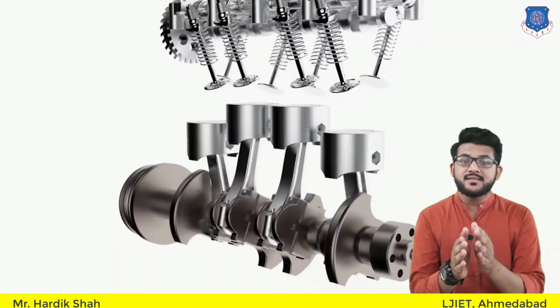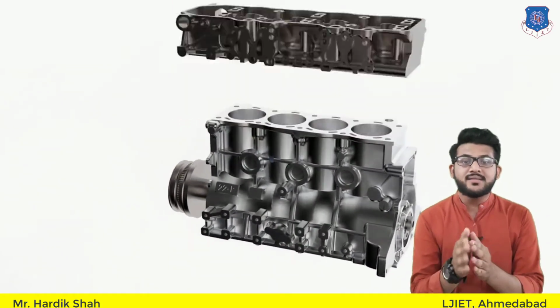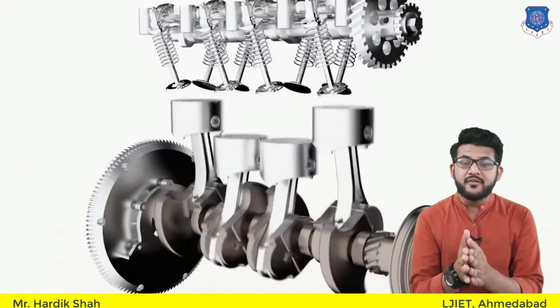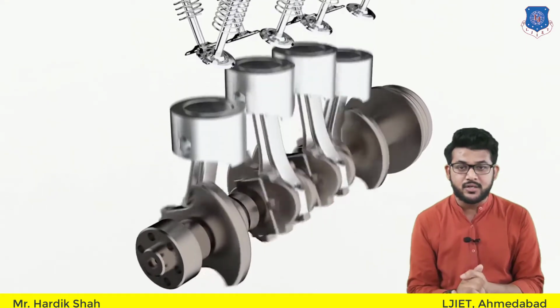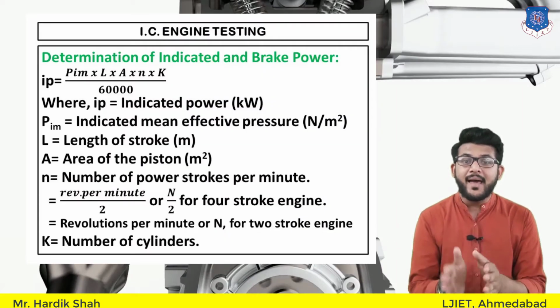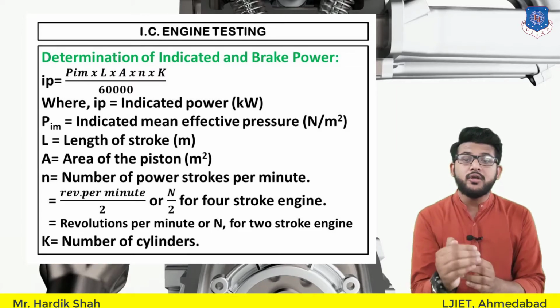You have already studied in the previous video that you have to find indicated power, right? So what is indicated power? That is IP, and it is actually the power generated inside the cylinder, inside the engine. For that you have one formula: IP equals PLANK upon 60 into 1000. So what do you need to find?